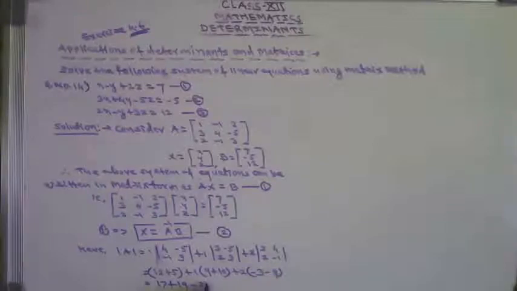So that is 17 plus 19 minus 22, that is 36 minus 22.